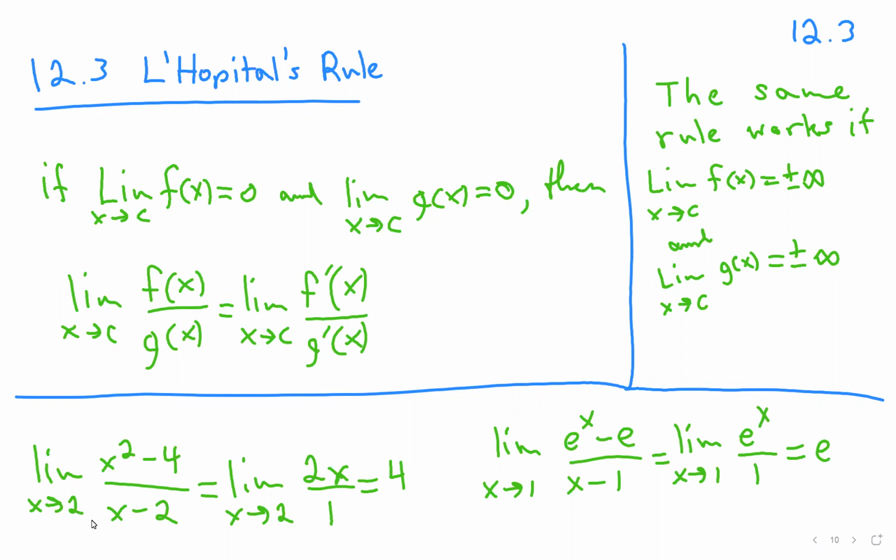This allows us to take the limit as x goes to 2 of 2x over 1, and that will result in 4. And if we look back at the initial function, its limit would also be approaching 4.